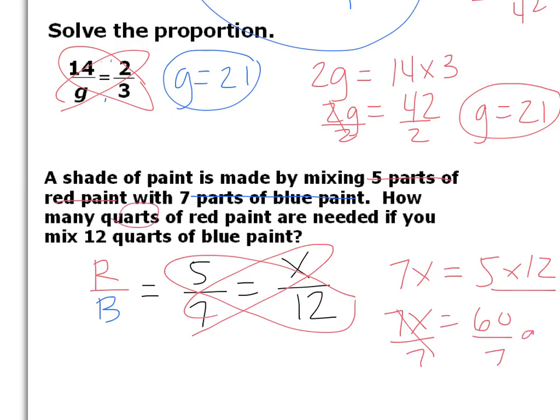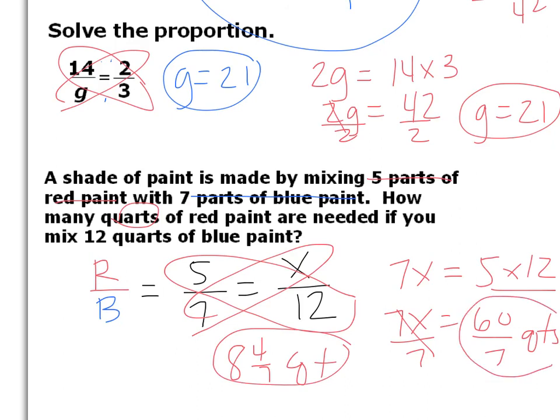So your answer is in quarts. 60/7 quarts, or if you want to make that a mixed number, 7 goes into 60 8 times, which is 56, and 4/7 quarts. So you either have 60/7 quarts or 8 4/7 quarts, and I would accept either of those.